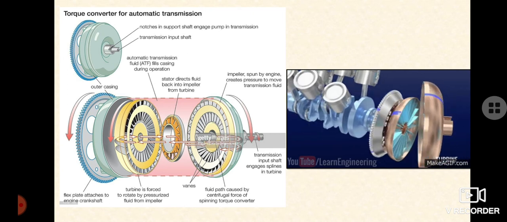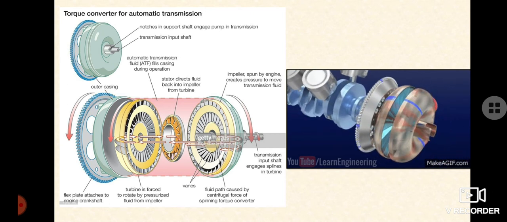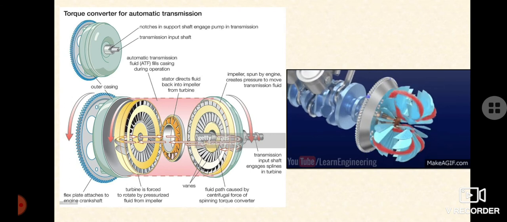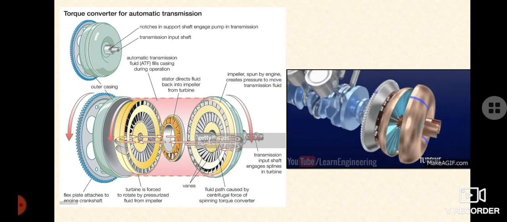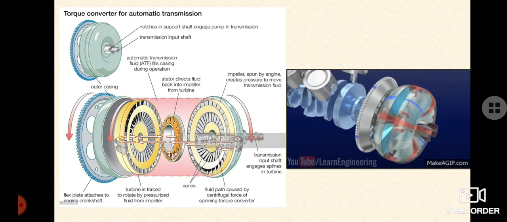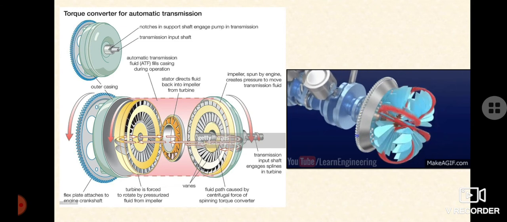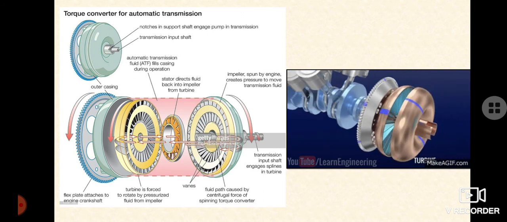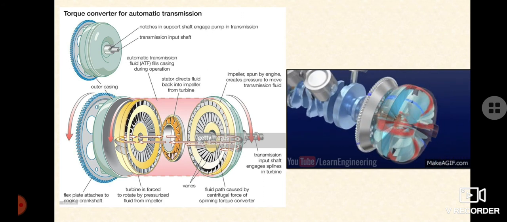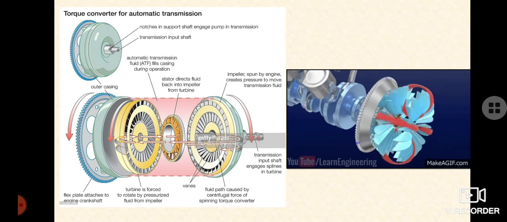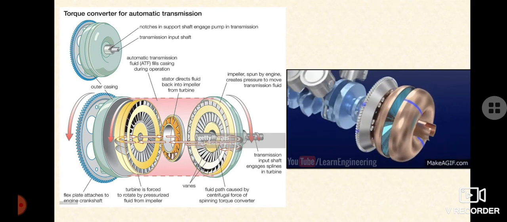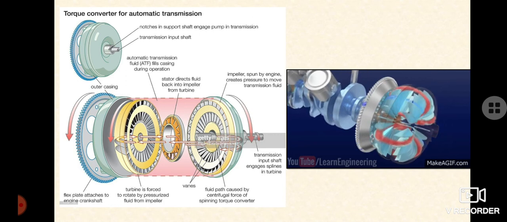We discussed that its main function is to allow the load to be isolated from the main power source, and it sits in between the engine and transmission. It has the same function as the clutch in a manual transmission. As the clutch separates the engine from the load when the vehicle stops, in the same way, it also isolates the engine from the load and keeps the engine running when a vehicle stops.